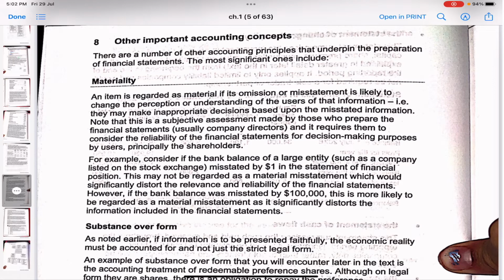If you had omitted a particular set of information and it would change the perception of the readers, then it is a material error. Why? Because it changes the meaning and perception of the entire thing.